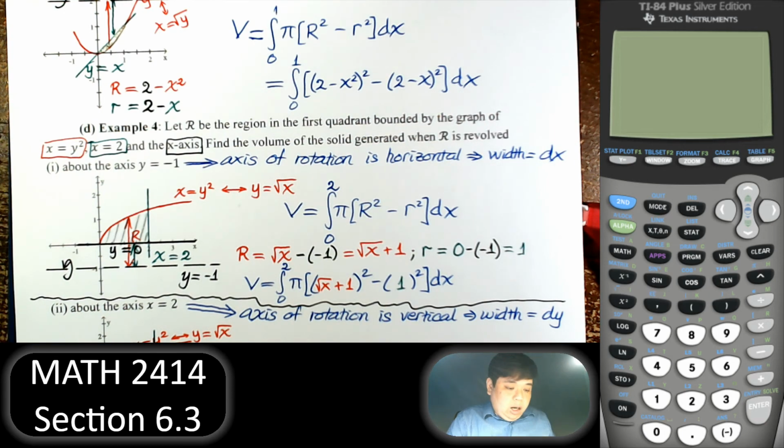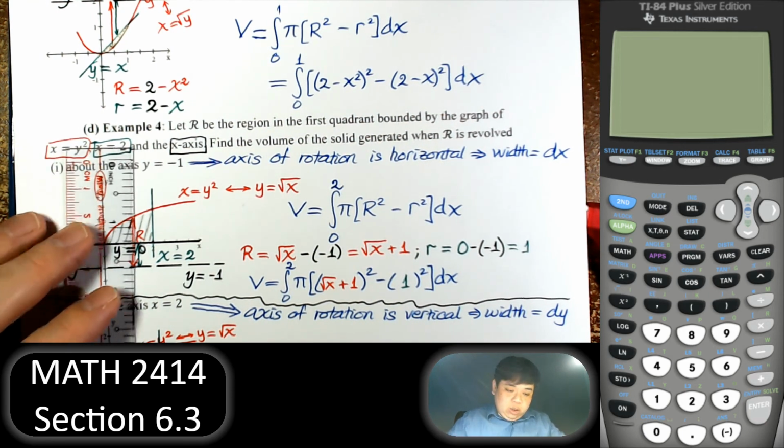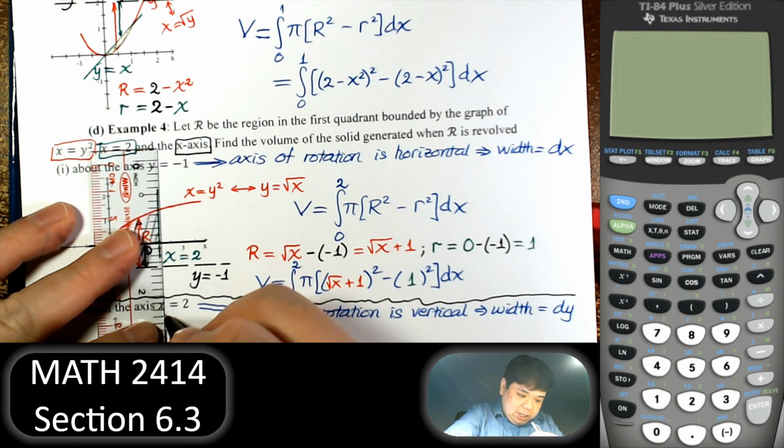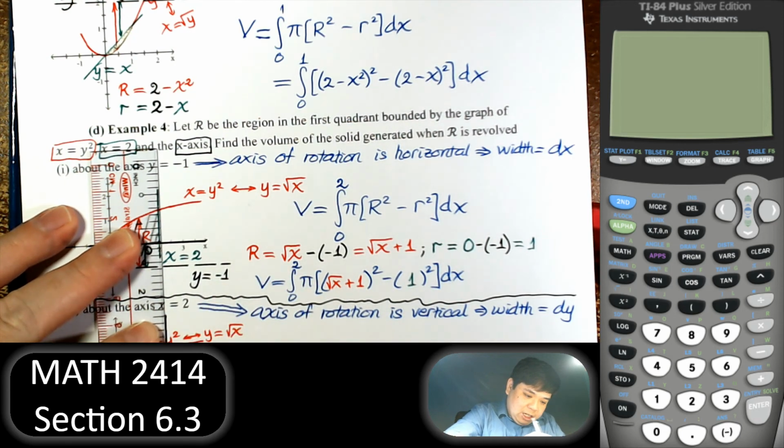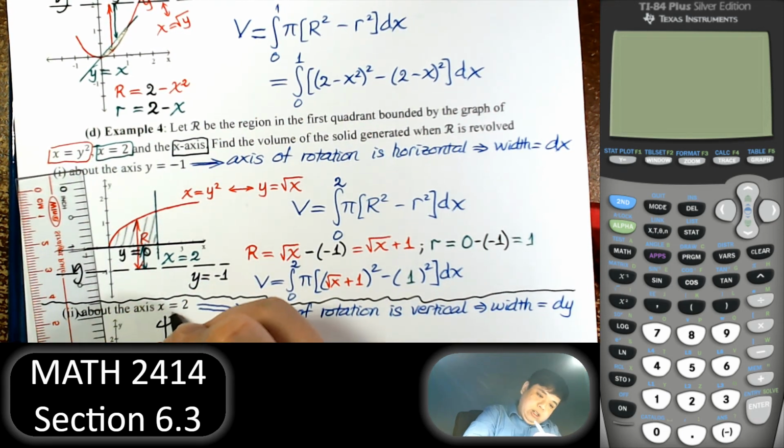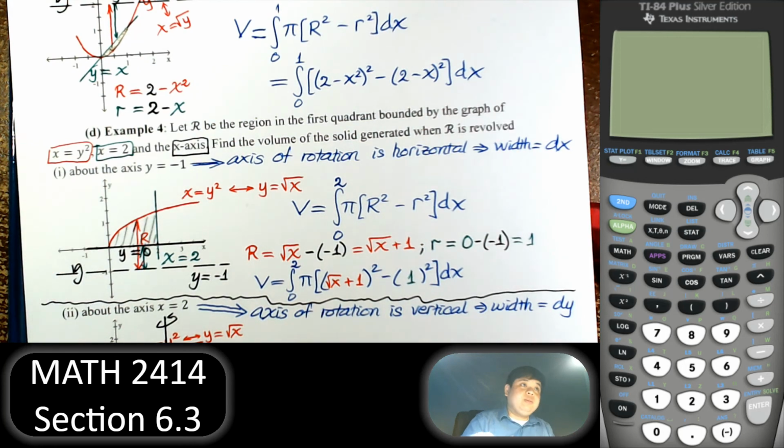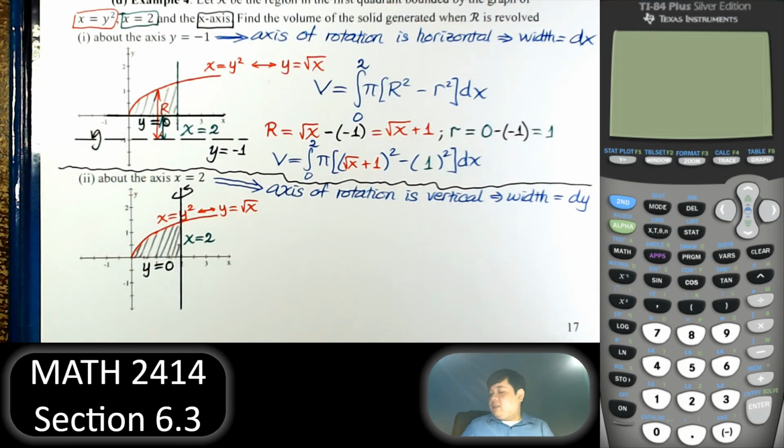This time we rotate about the axis x equal to 2. So it just happened to be that this is also the axis of rotation. Now, so it's going to be dy, right?